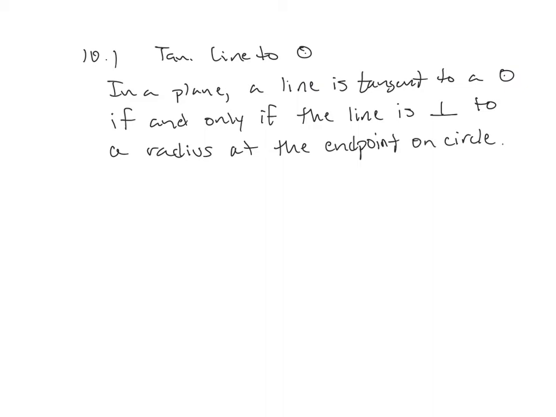Okay, so what does that mean? So it means, if we have a radius, which is from the center to the edge of the circle in any direction. So what this is saying is, if we have a line and it's perpendicular to the radius, on the edge of the circle, then it's a tangent line.